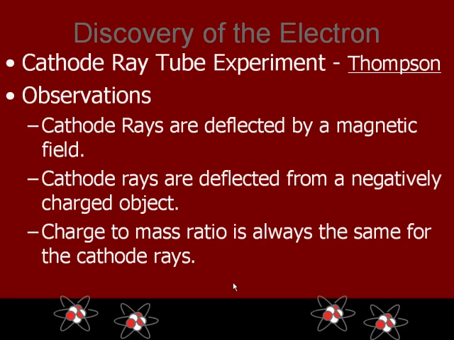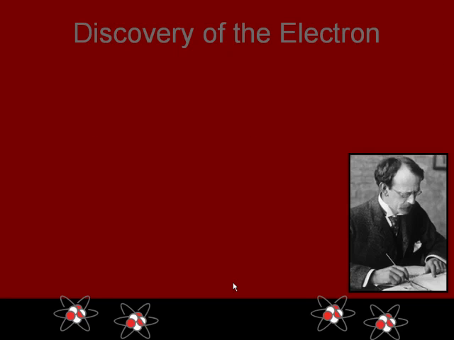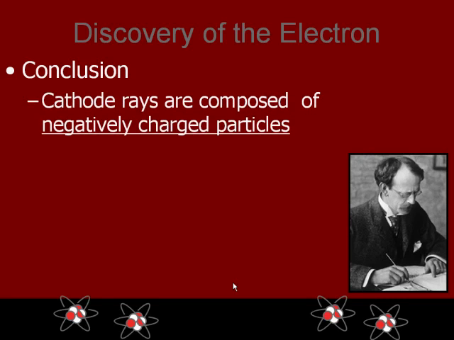Based upon these observations, he made the following conclusion: cathode rays are composed of negatively charged particles, and he called them electrons. So now we have this solid ball, and we know from Thomson that there are smaller particles in the atom. This disproved part number 1 of Dalton's atomic theory.